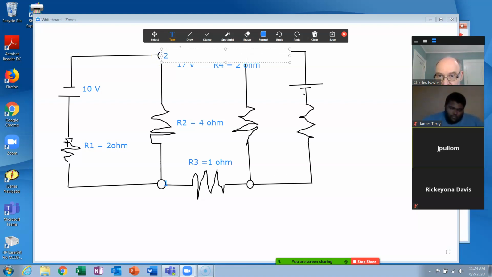This is junction 2. Here's junction 3. And here's junction 4. Now, I understand you probably can't read those well because they're not in the center. Okay? And we have resistor 3 down here. Oh, we already did that one. Okay.